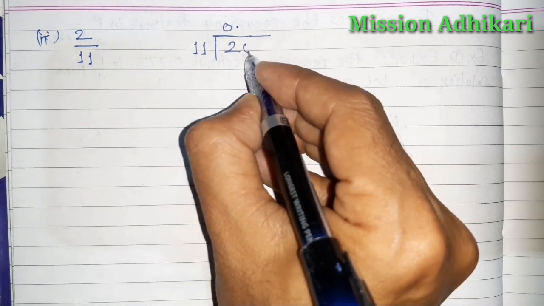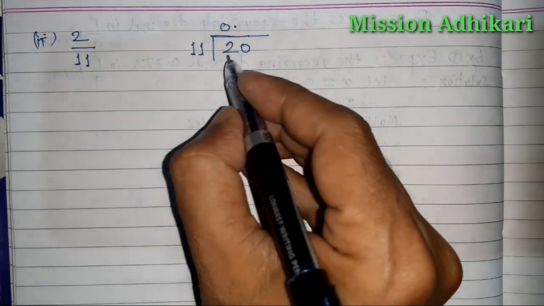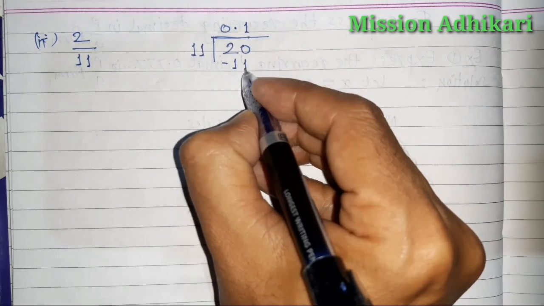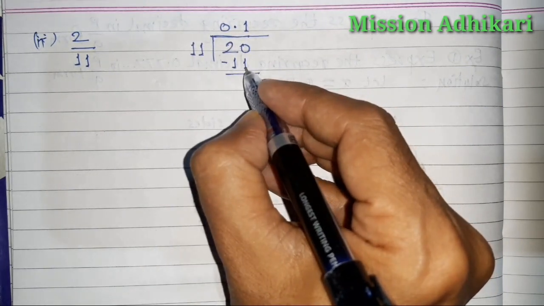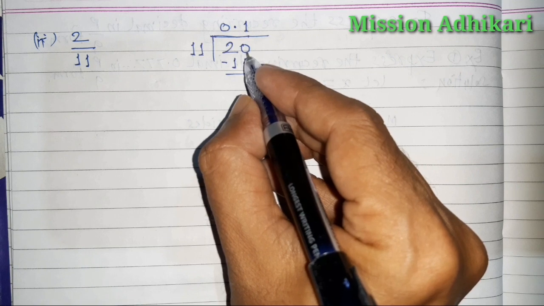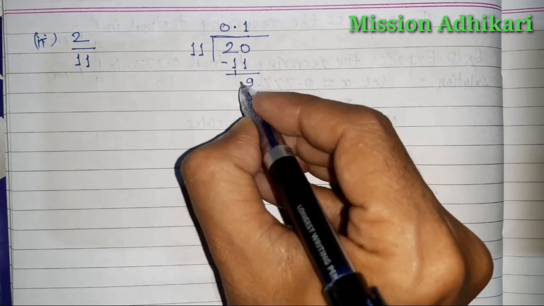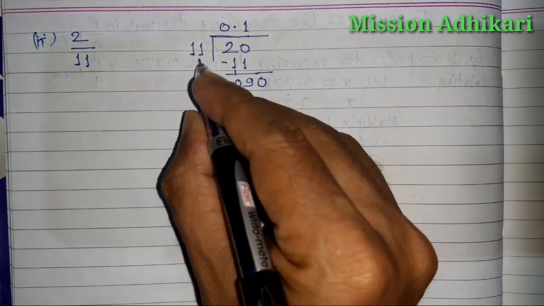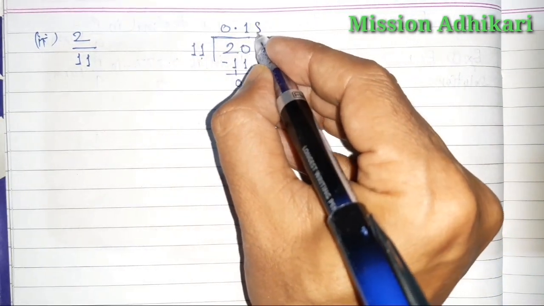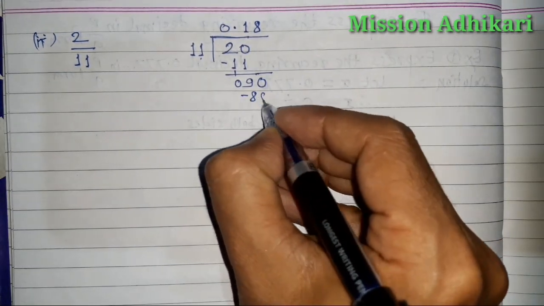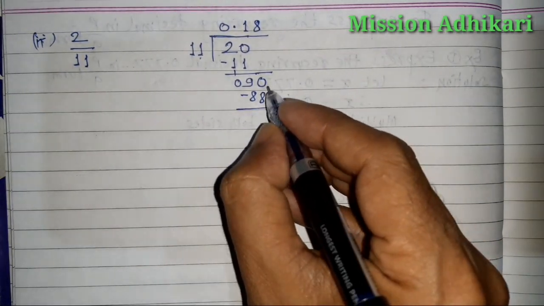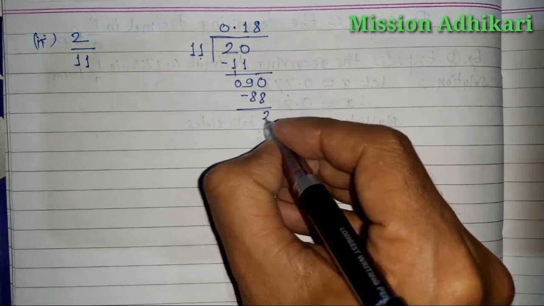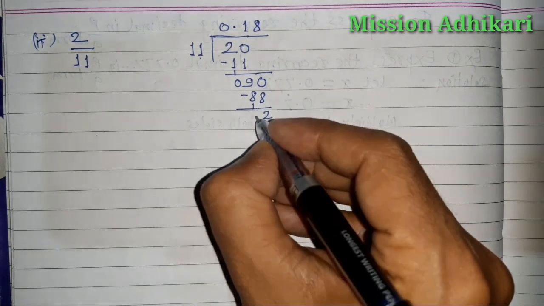Here comes 20. 11 ones are 11. So we subtract 11 from 20, that is 9. Again we take 0, 90. 11 eights are 88. Again we subtract 88 from 90, that is 2.